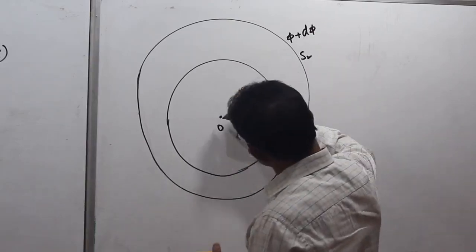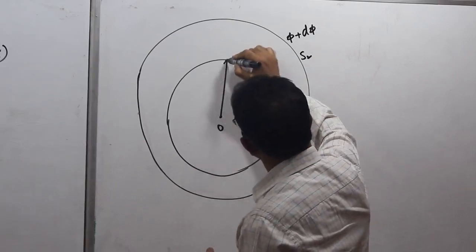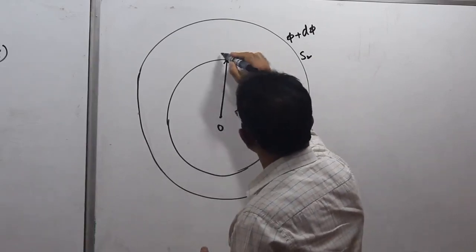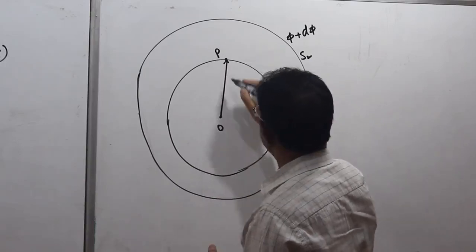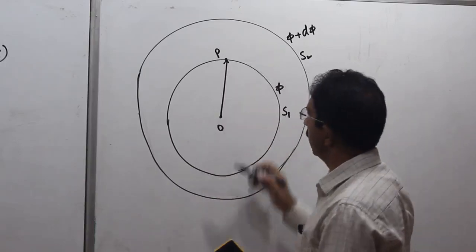Call this as O. Call this point as P, and let the position vector of P be r.